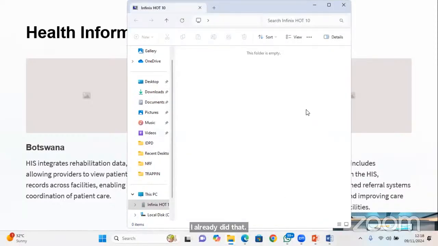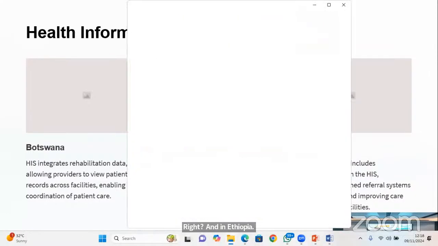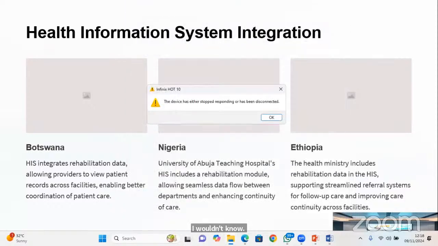And in Ethiopia, the Ministry of Health also includes rehabilitation data into their health information system. So as a result, it supported streamlining referral systems across various facilities, services, and professionals' input, right?